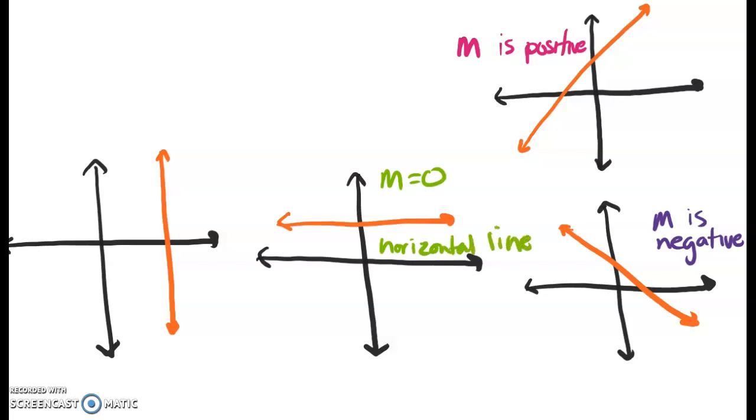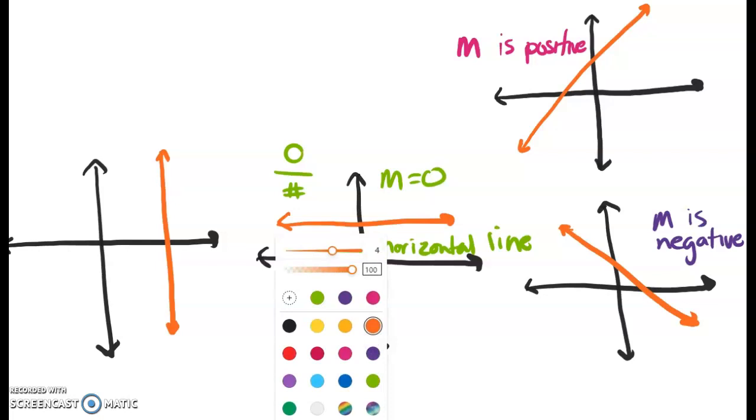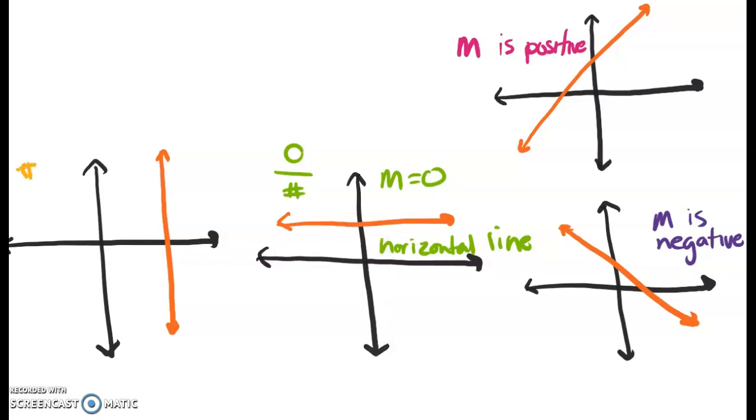And to have a horizontal line, there has to be no vertical change. So it's 0 divided by some number. When you calculate slope, you'll get 0 divided by some number other than 0, and that will be a slope equal to 0. And the fourth possibility is that I calculate the slope and I get a number divided by 0, no horizontal change.